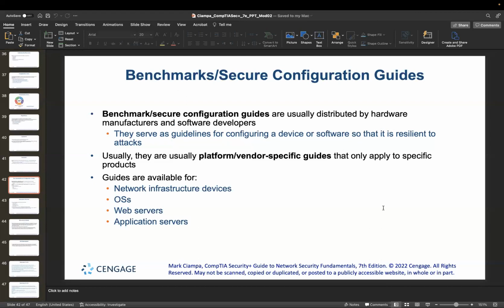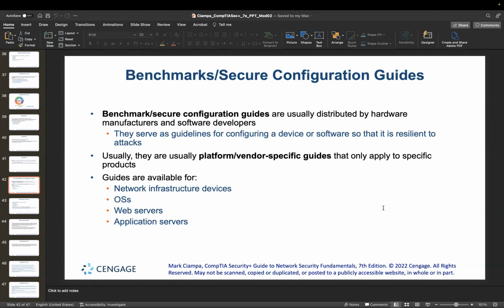We also have benchmarks or secure configuration guides. These are guides distributed by the manufacturers or the developers themselves on how to configure your system so that it is not vulnerable. One good example is docs.microsoft.com, where you can go to Microsoft documentation about different products and see the best and most secure configuration.